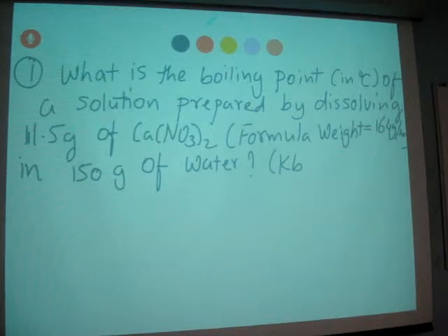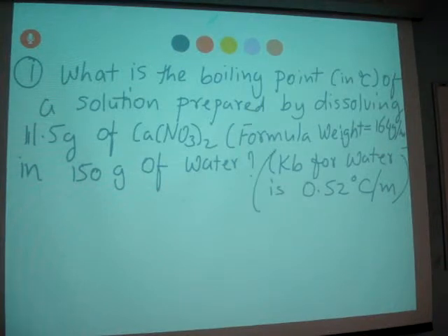K b for water is 0.52 degrees Celsius divided by m. That is given. Now we need to find the boiling point.